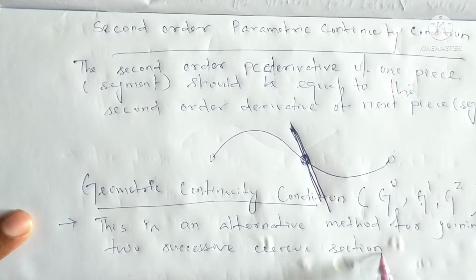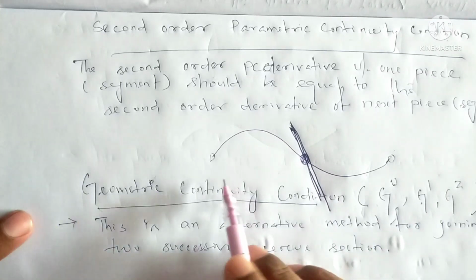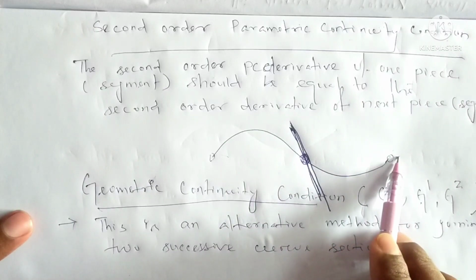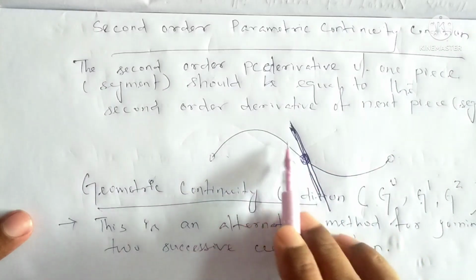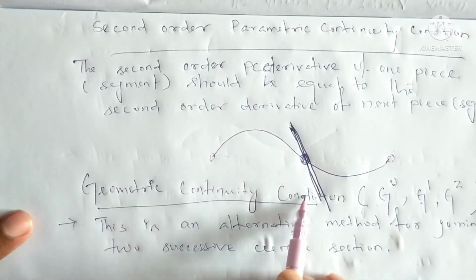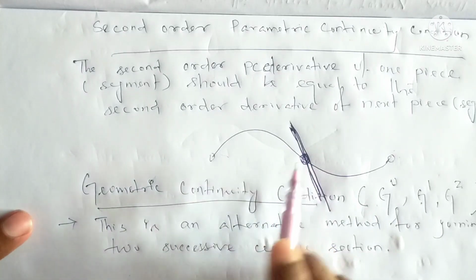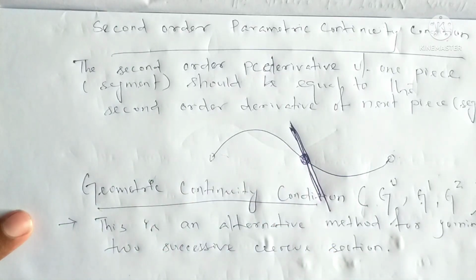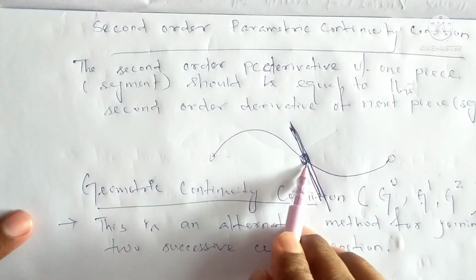As I told earlier, whenever you are drawing a spline curve, the curve should be visible as if it is drawn in one go. There should not be any discontinuity, and the geometric continuity condition is helpful to check that continuity. It will check that the joining point should be the same.